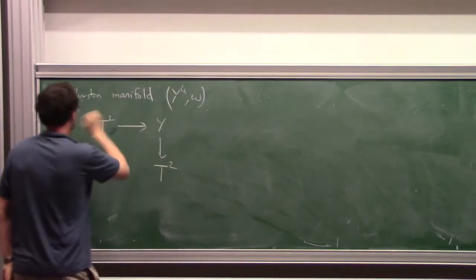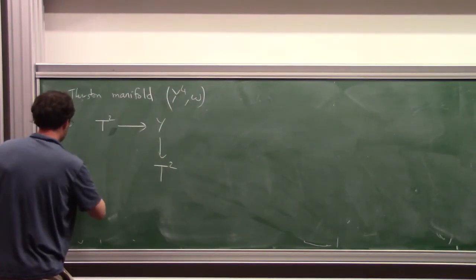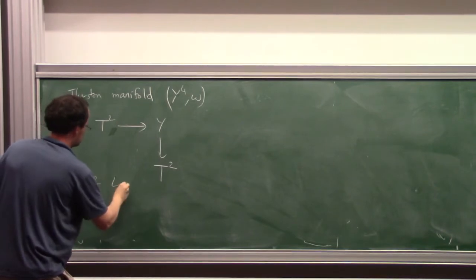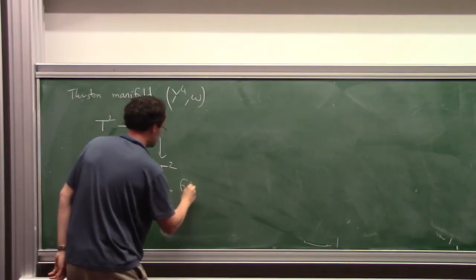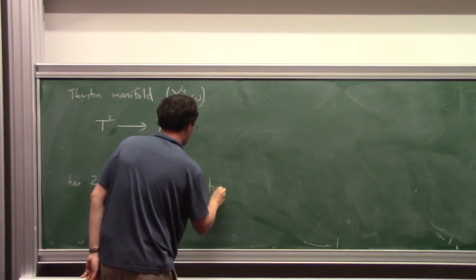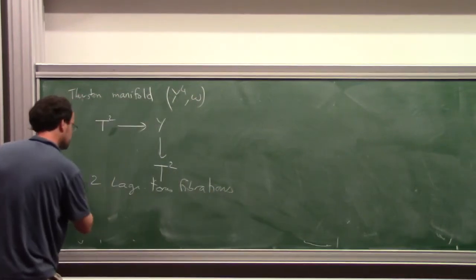The observation is that this actually has two Lagrangian torus fibrations that are suitable for doing SYZ mirror symmetry.